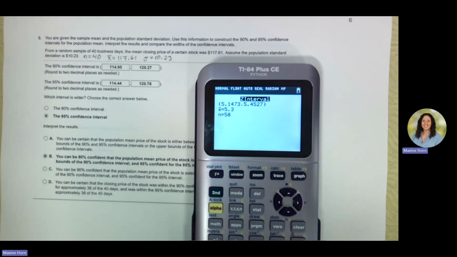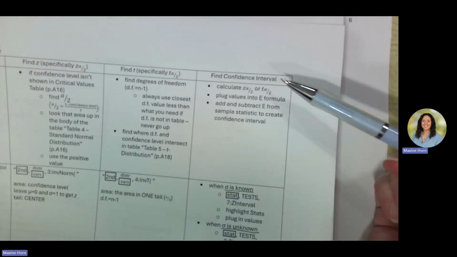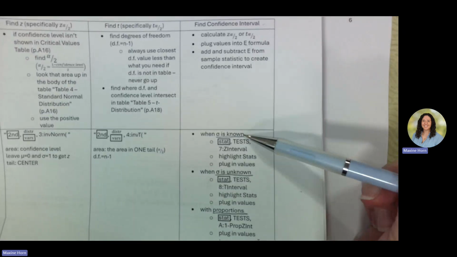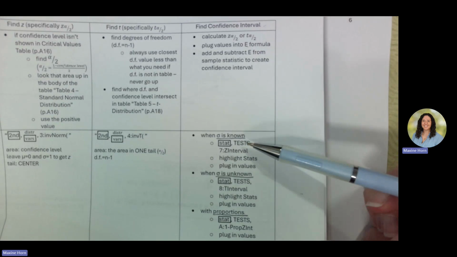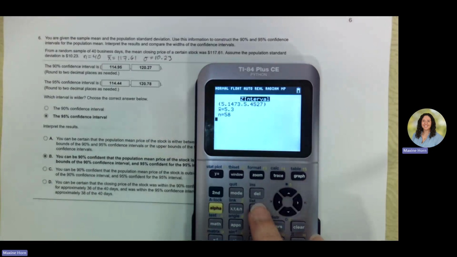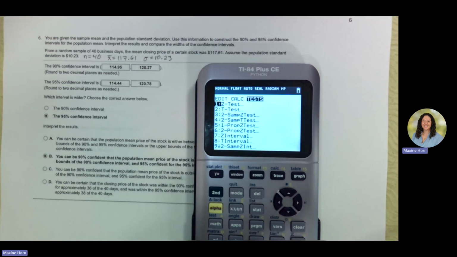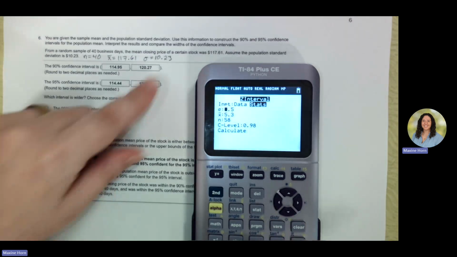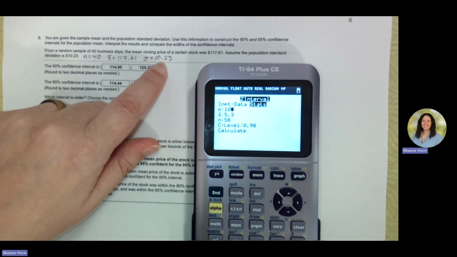Again, we know to find the confidence interval when we know our population standard deviation, stat test number 7, z interval. And we're going to plug in what we know. Our population standard deviation is 10.23.